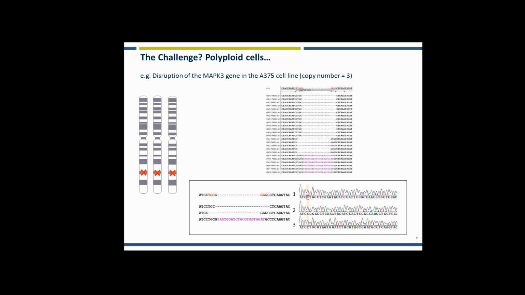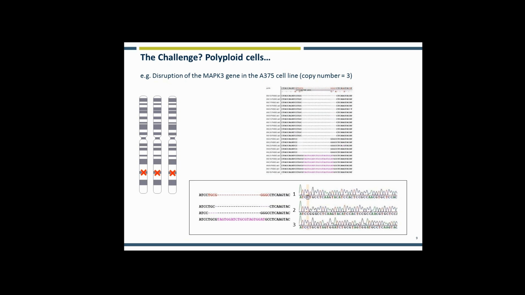We would subclone that into a plasmid, for example, a topo vector, which we would then use to transform competent bacteria, and we'd then subsequently sequence the mini-preps produced from those bacteria to deconvolute the alleles, if you like. And this, if you're trying to do tens of genome experiments at a time, can become a significant bottleneck.